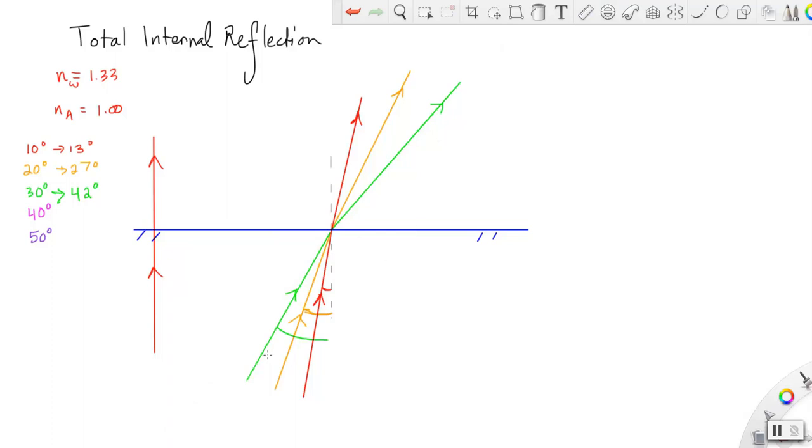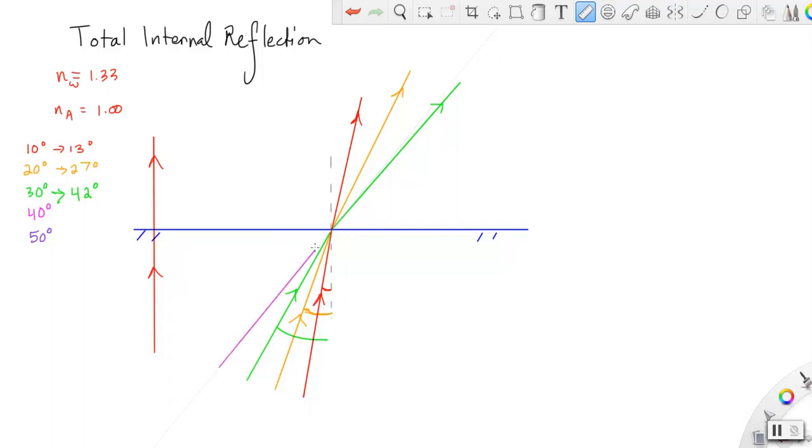Alright, and now we're going to go with the 40 degree angle. Notice how the effect starts to get a little bit more pronounced here. So as we go 40 degrees, let's take our ruler and put it 50 degrees from the horizontal, or 40 degrees from the vertical.